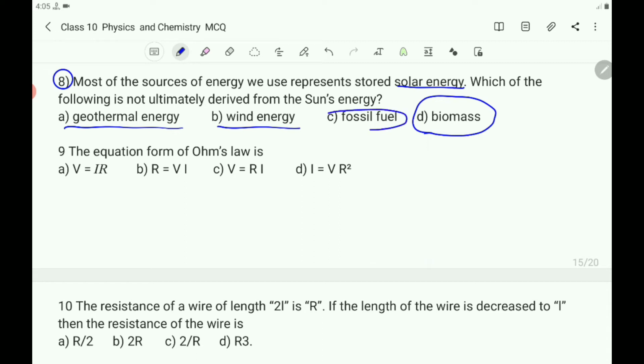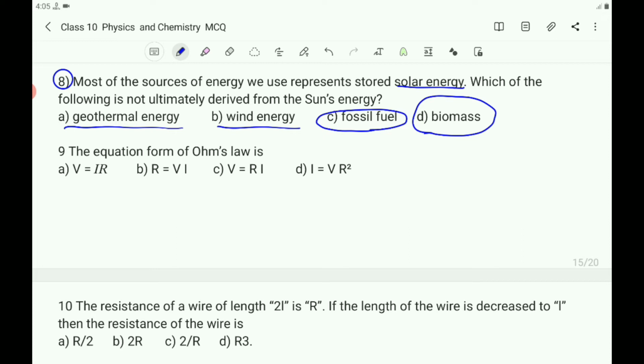Fossil fuels are the remains of decaying animals and plants. They are formed by the decomposition of plants and animals. Then wind energy.